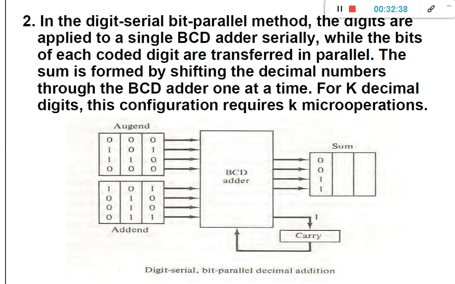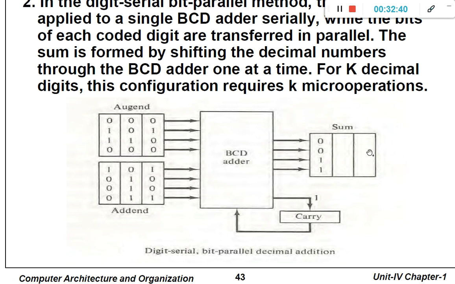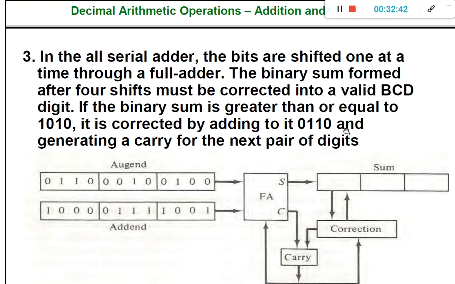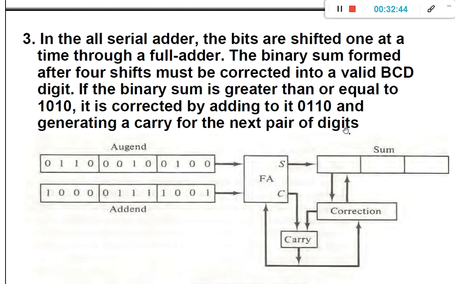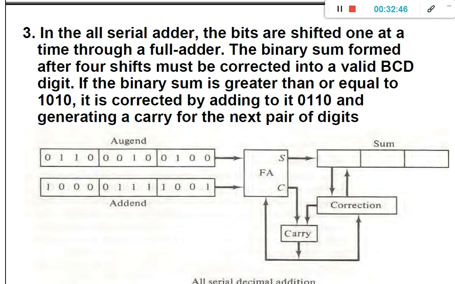And there is one more method to perform the addition operation. It is called the all serial adder. In the all serial adder, the bits are shifted one at a time through a full adder.